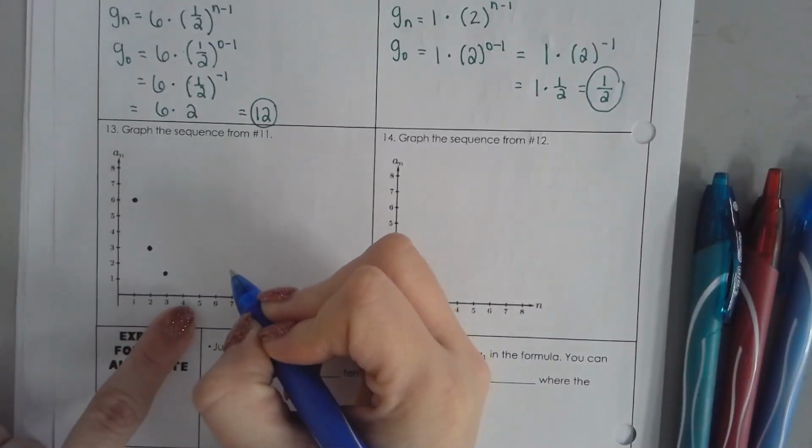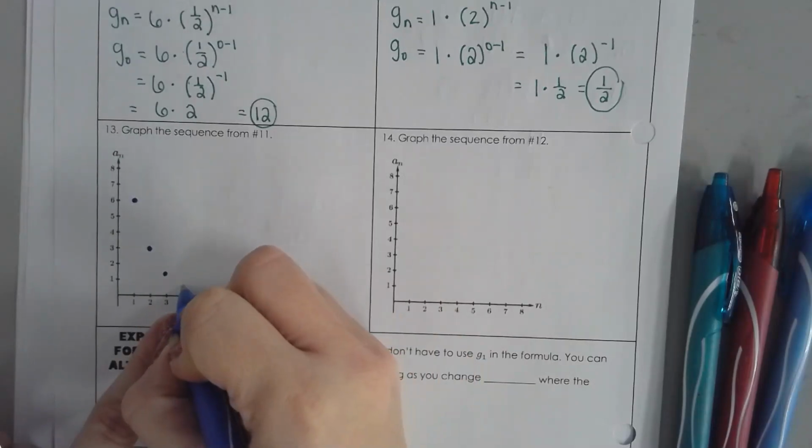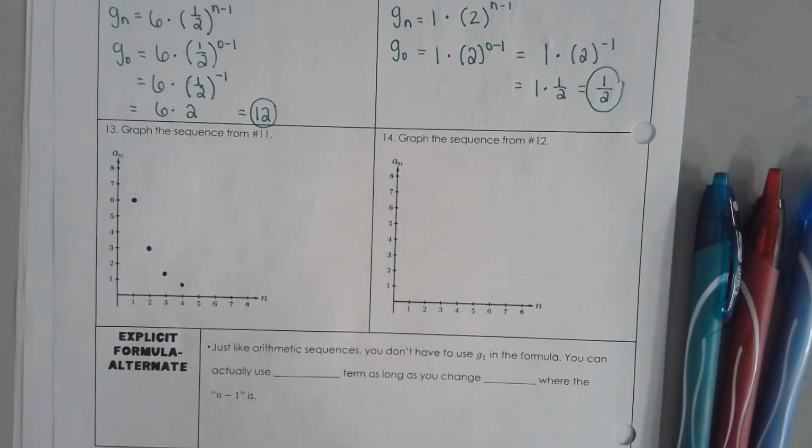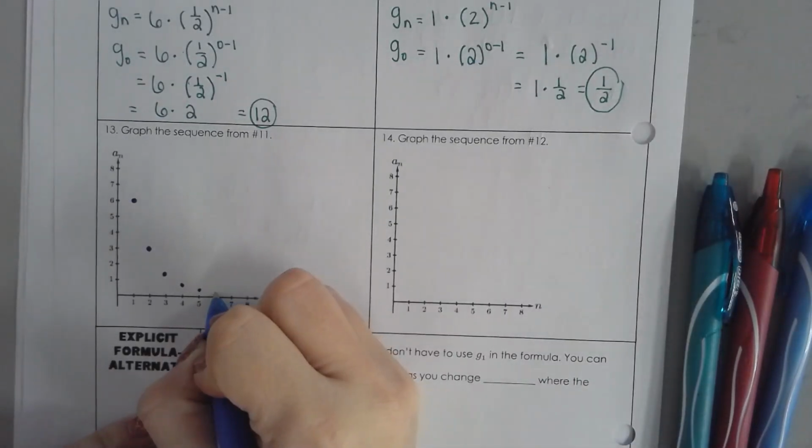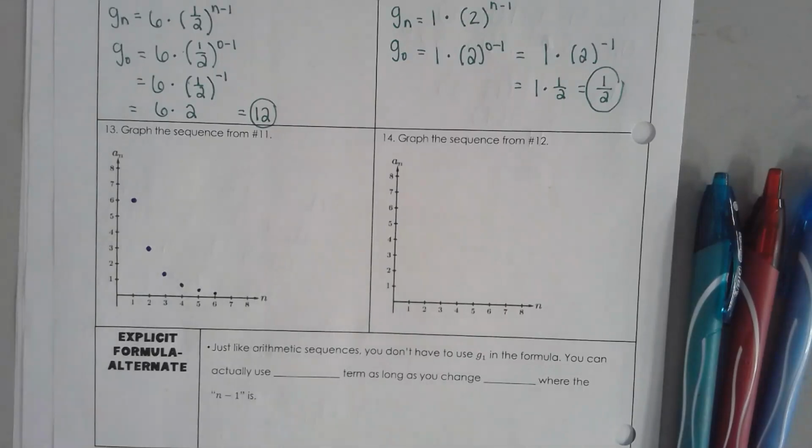Your fourth term is 3/4. If we kept going, it's going to start looking like that. That is the shape of an exponential function. We're going to really be focusing on those this first little chunk of time, this unit.